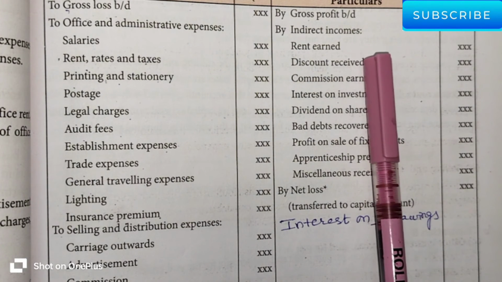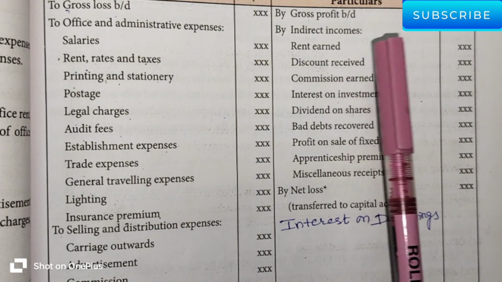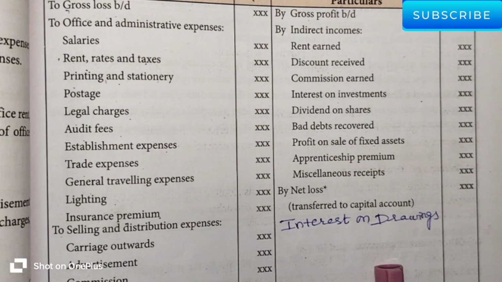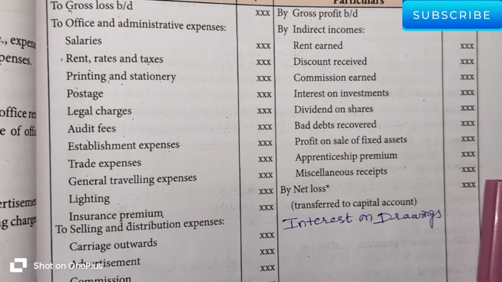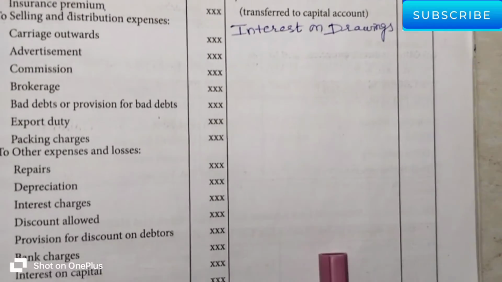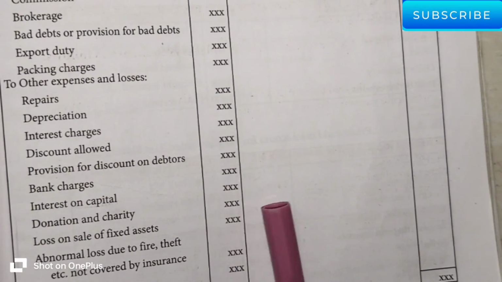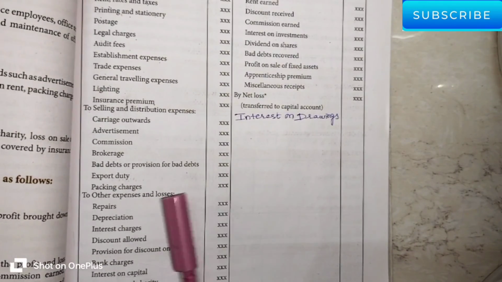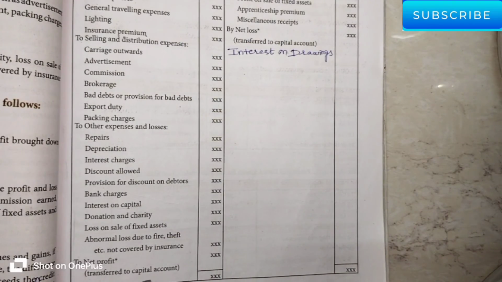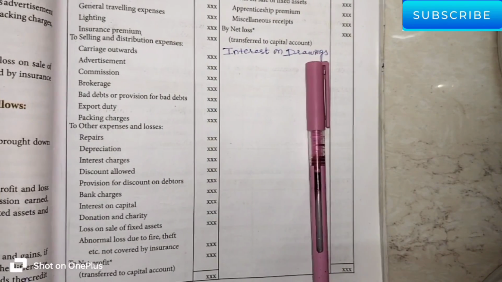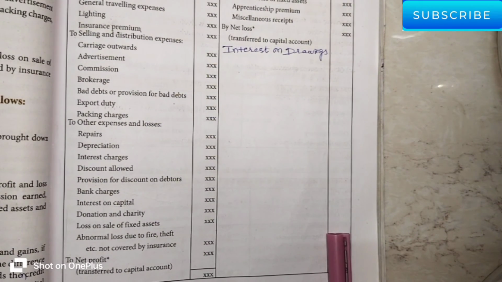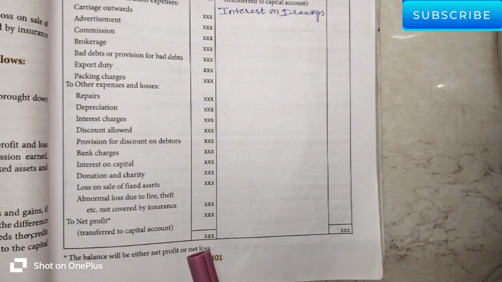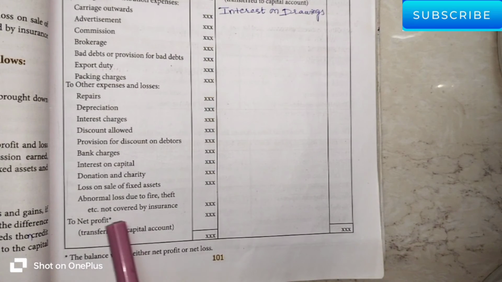After entering all the incomes, profits or gains, we need to close the profit and loss account. After debiting all the indirect expenses and losses and crediting all the indirect incomes and gains, if the total of the credit side of the profit and loss account exceeds the debit side, the difference is termed net profit.